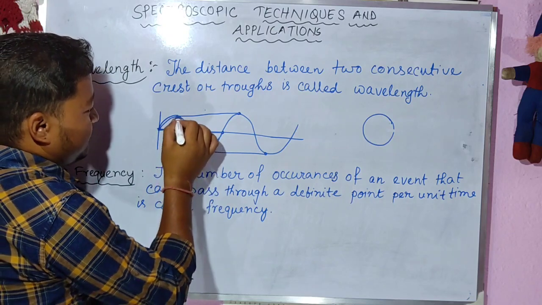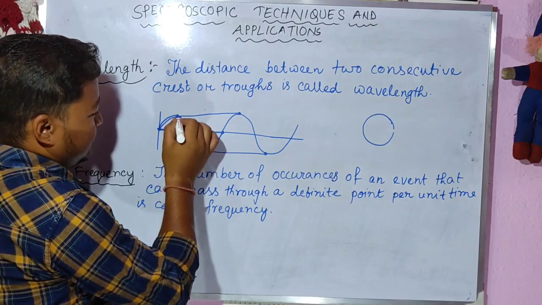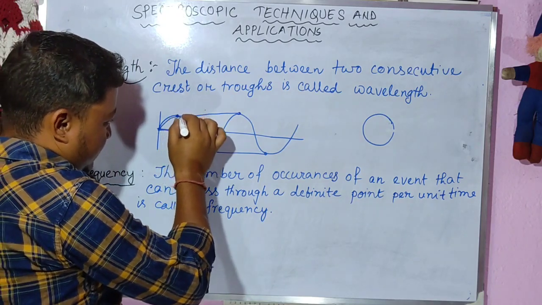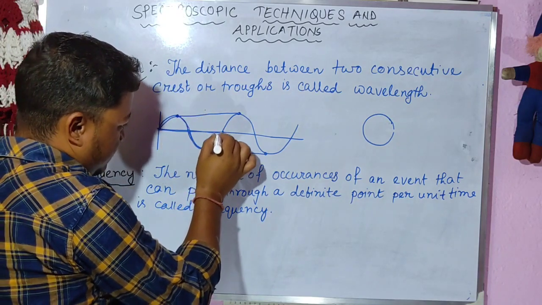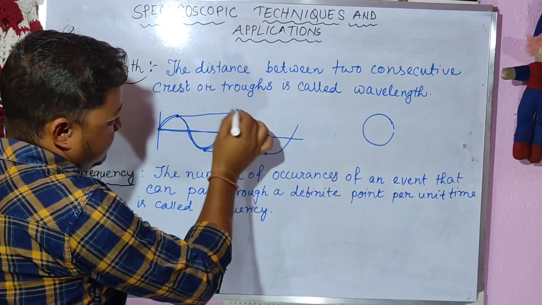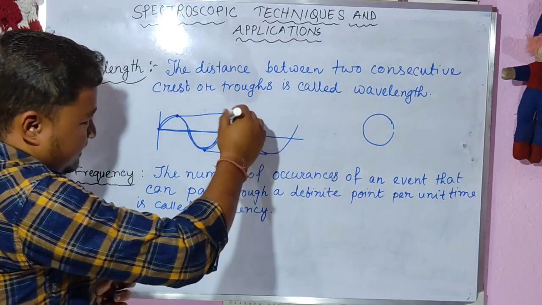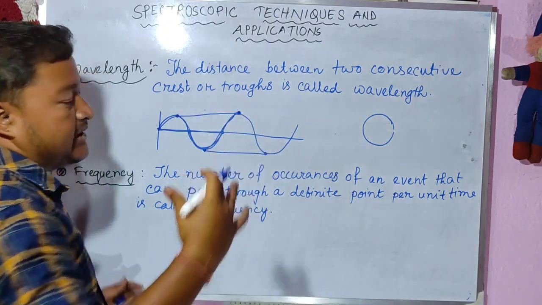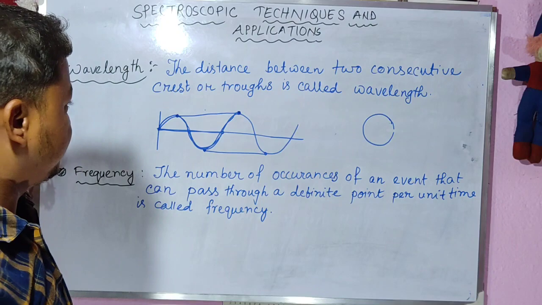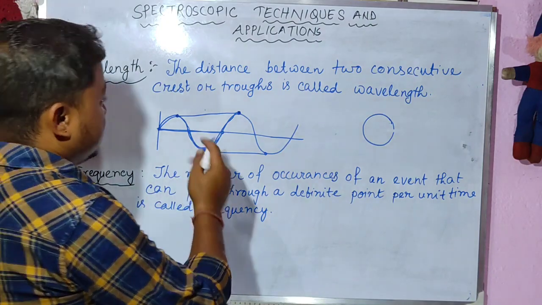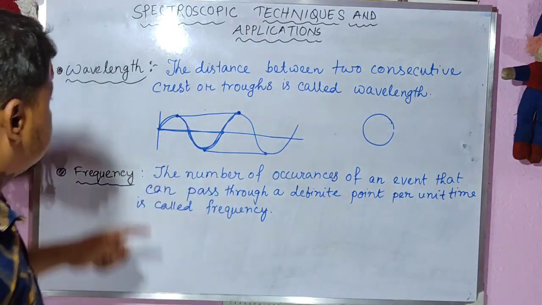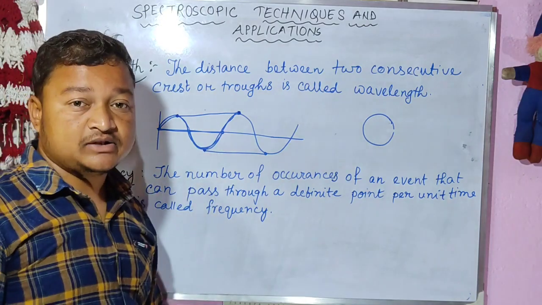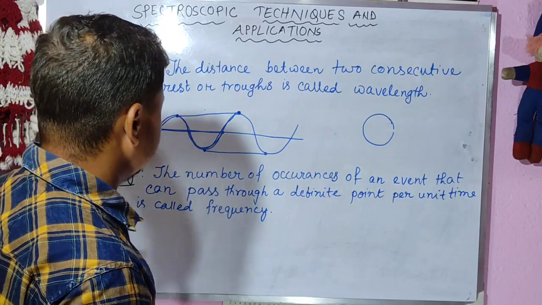See here, if we attach this point to this point, there is a complete circle. Okay, so simply we said that the distance between two consecutive crests or troughs is called wavelength.